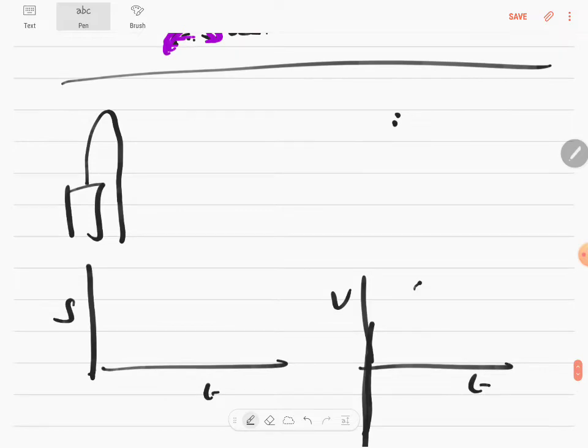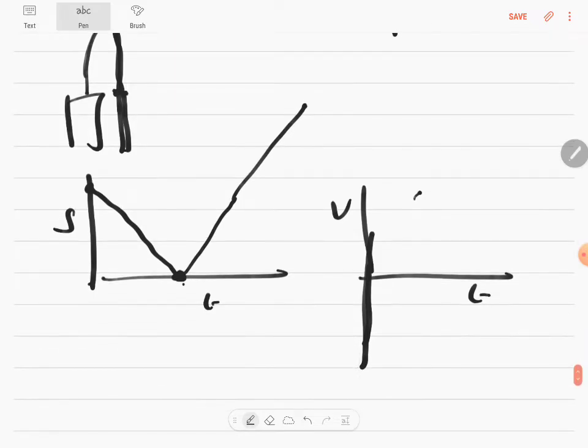This is a ball which is getting thrown from here with the velocity, reaches up and velocity becomes 0, which means higher velocity to lower velocity. Velocity becomes 0. And then it goes back and further goes down, right? But it is a velocity time graph. It will go like this, go negative and further go down.